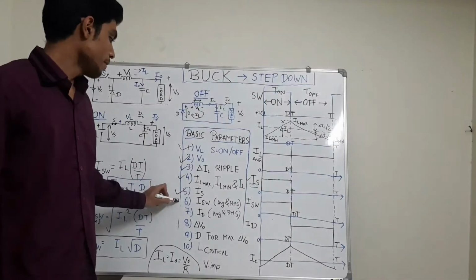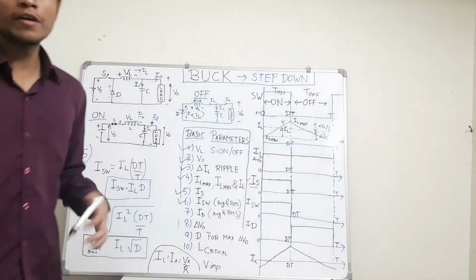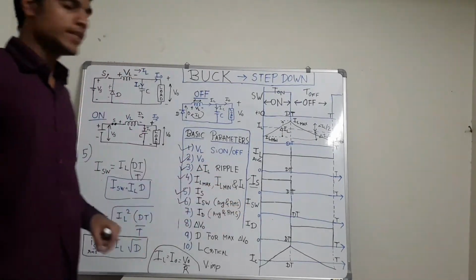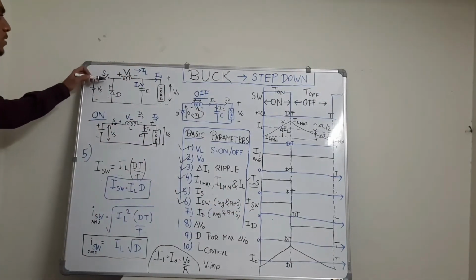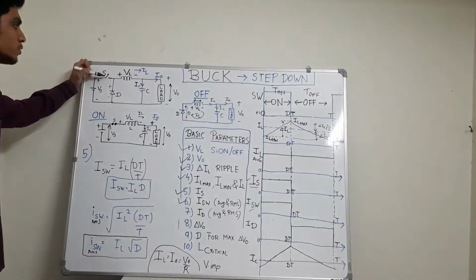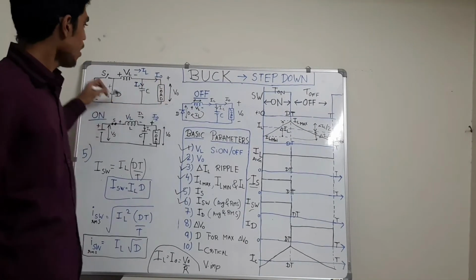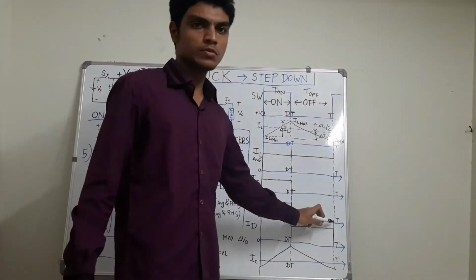Start with the sixth parameter, that is switch current, average and RMS value, if a question is asked like that. So whenever the switch is on, current will flow through the switch, but when the switch is off, current will not flow through the switch.